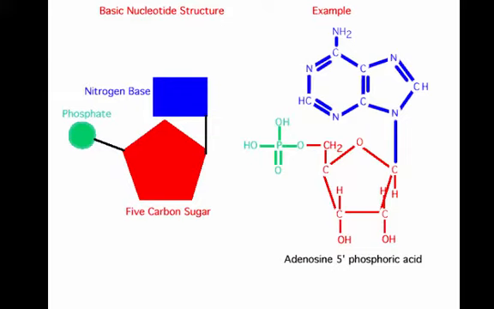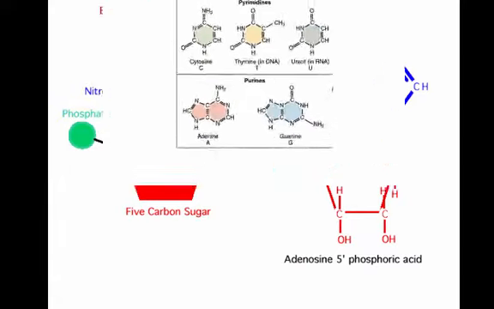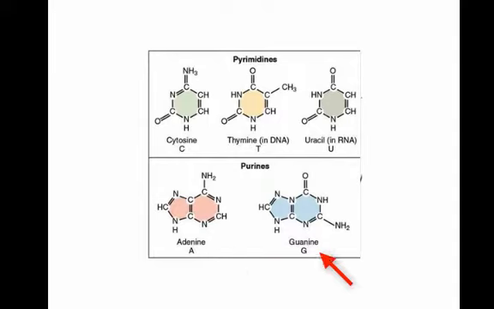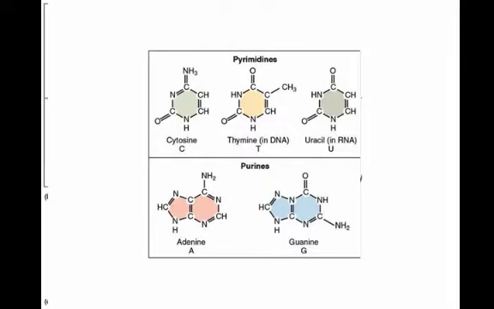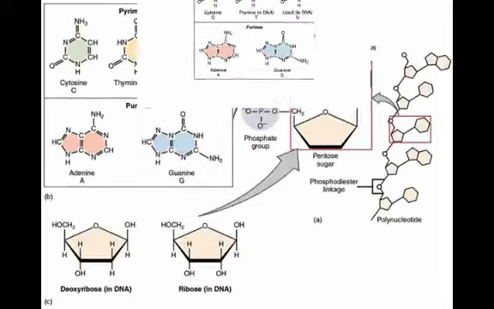Structurally, both DNA and RNA are strings of nucleotides. A nucleotide has three molecular parts: a pentose sugar, either deoxyribose for DNA or ribose for RNA, a phosphate group, and a nitrogenous base that is either adenine or A, guanine or G, thymine or T, cytosine or C, and uracil or U. Cytosine, thymine, and uracil are considered pyrimidines, and adenine and guanine are considered purines.